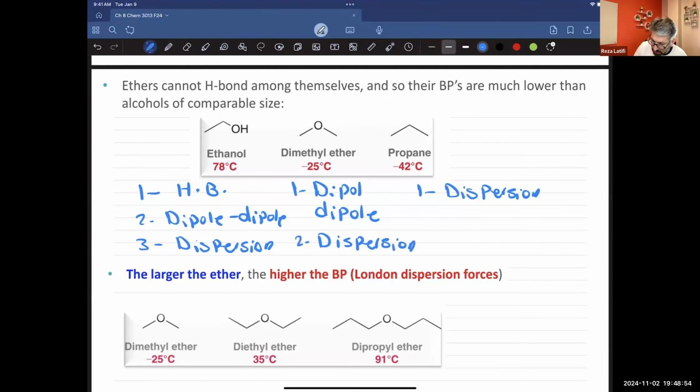But I wanted to highlight the strongest one. The strongest one for alcohol is hydrogen bonding, for ether is dipole, and for an alkane is just dispersion. That's the reason we have such a huge gap between boiling temperatures.